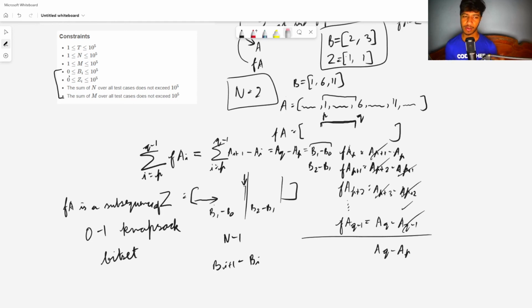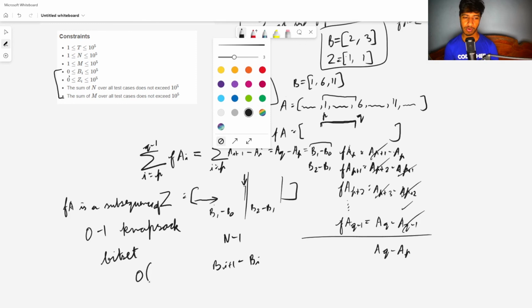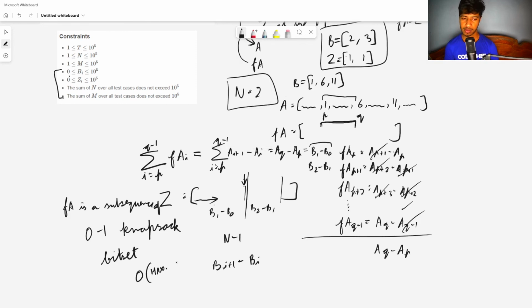This problem covers both greedy and dynamic programming and some ad hoc observations that you need to look through. So the complexity doesn't really change. The overall complexity remains at O of max into M divided by 32 because of the bitsets.